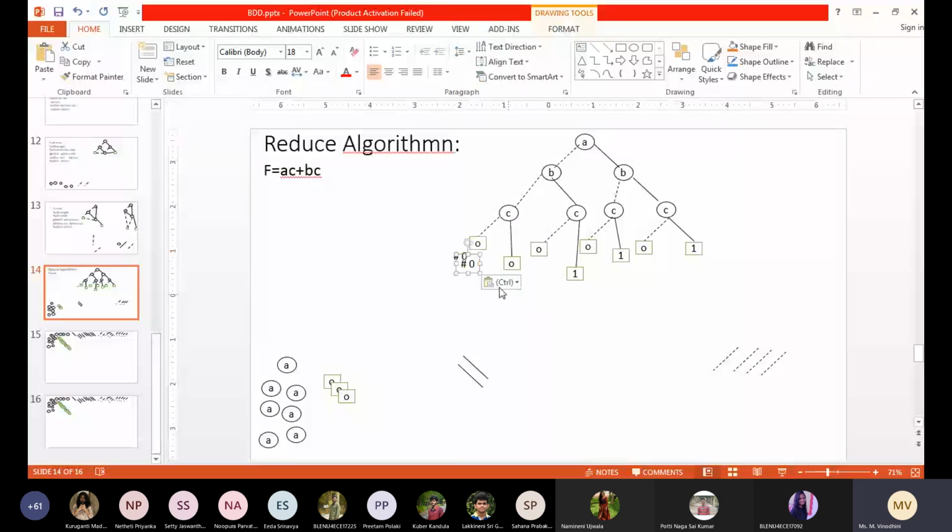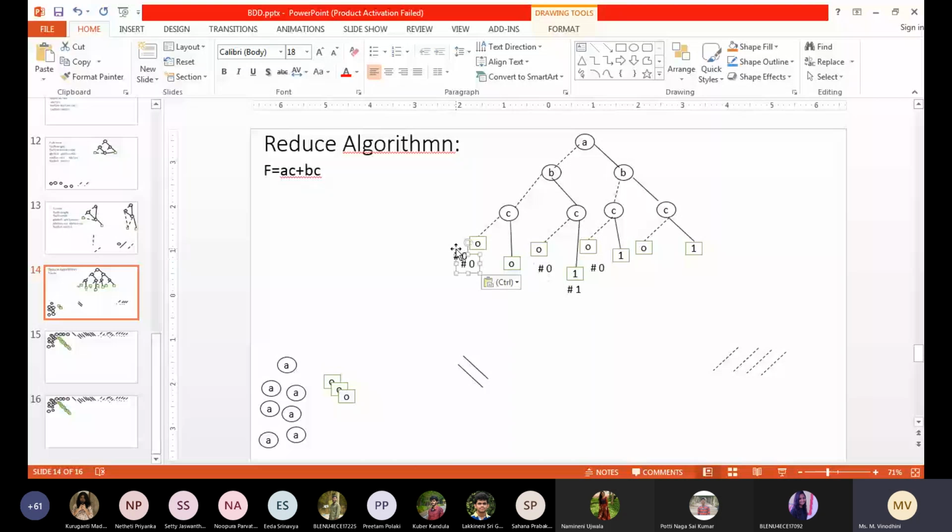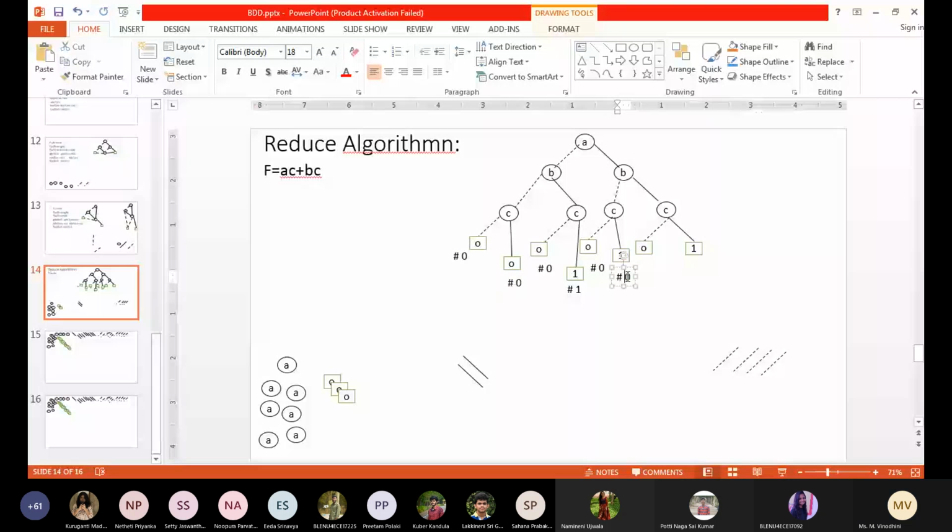For this leaf node it is 0. The next one is also 0. The next one will be 1. The next one is 0, and the next one will be 1.